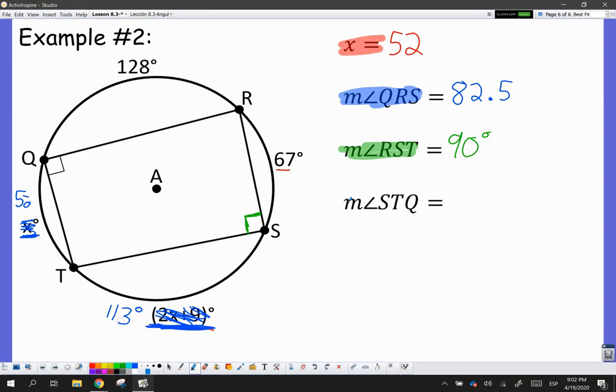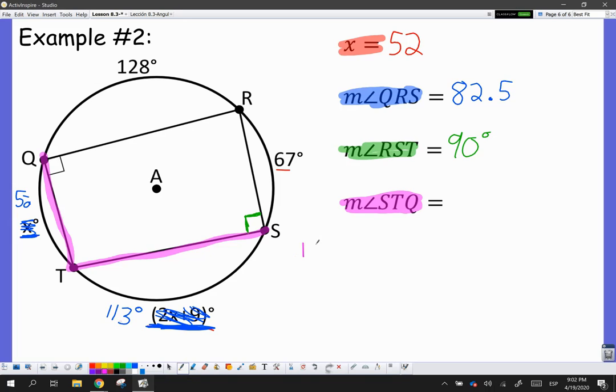So the last thing that we need is the measure of angle STQ, which I'll highlight in pink. Let's take a look. S is here, T is over here, and Q is here. And so again, it just looks like we just need to add 2 arc measures and divide that by 2 to get our missing angle.